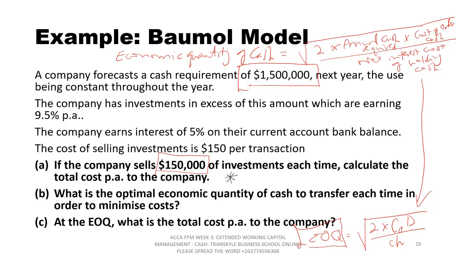But we have investments, so we can sell those investments and get the cash we need. We need 1.5 million in total, but we are selling the investments in phases, and the size for each phase is $150,000. What would be the total cost to the company? Bear in mind, we are doing cash management. So let's do the computation.